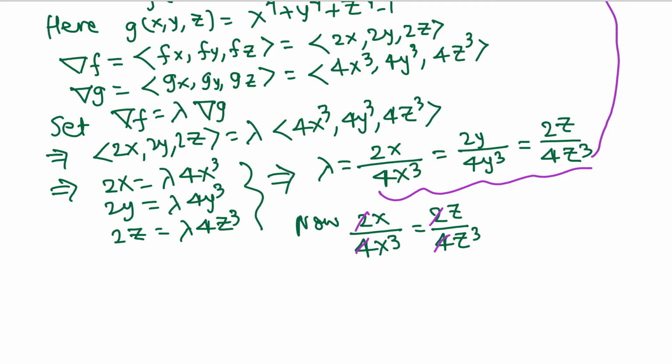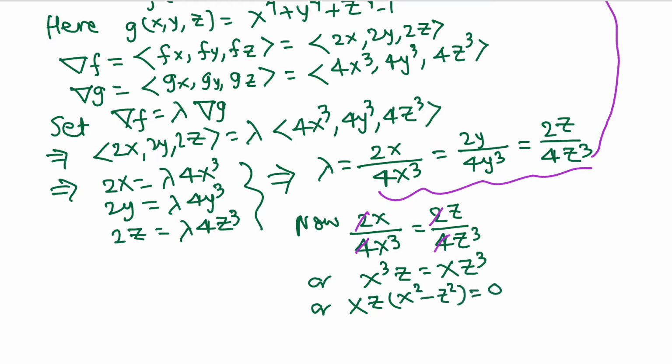So it's x cubed z equals xz cubed. Bring this to the left side, then this will be negative, then we can factor xz out from these two terms. This leaves x squared minus z squared equals 0.